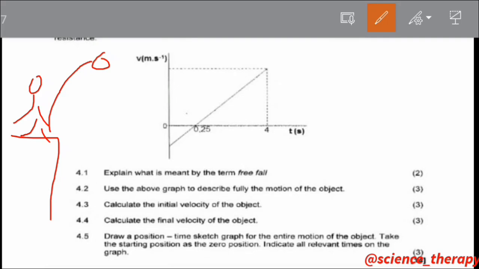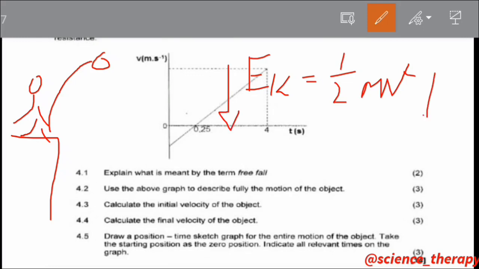So remember, when an object is going upward, it loses its kinetic energy, and hence it also loses its velocity. So if you look at the formula half mv squared, we know that a decrease in kinetic energy equals a decrease in velocity. So as the object is going upward, it loses its kinetic energy, and therefore its velocity decreases up until it reaches the maximum height, where its velocity is equal to 0.